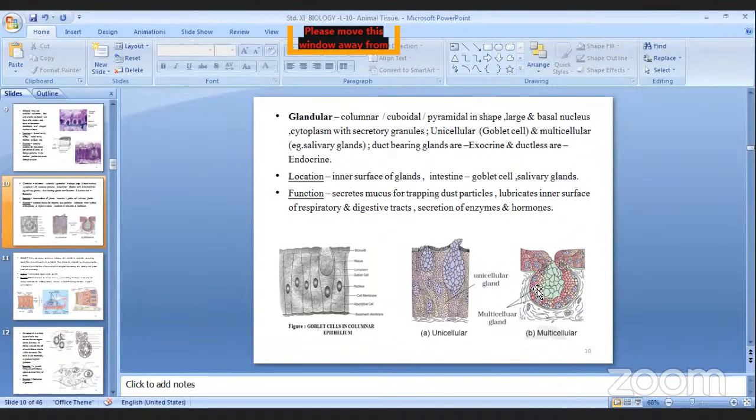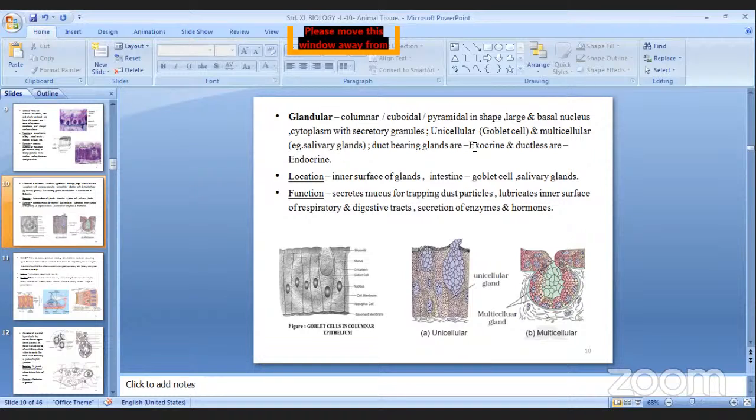Now here you see, this is the multicellular gland. You can see these gray structures in between. Example, we can give salivary glands. Now here, the cells are columnar or cuboidal or pyramidal in shape, with a large basal nucleus and cytoplasm with secretory granules, because for glandular cells the main function is secretion only.